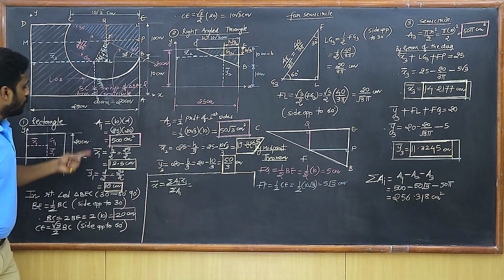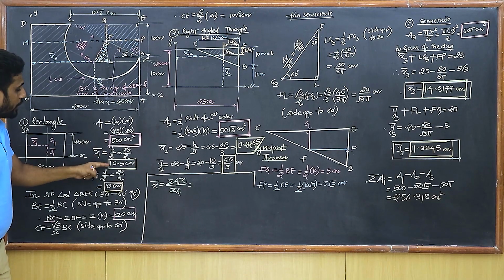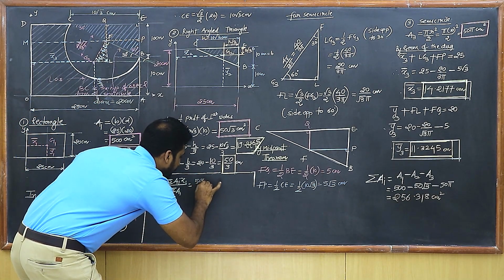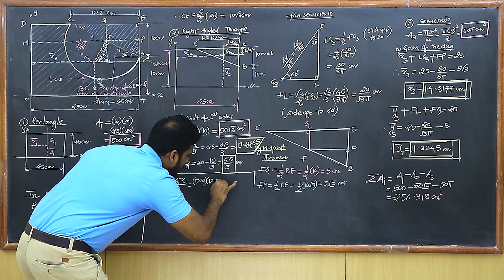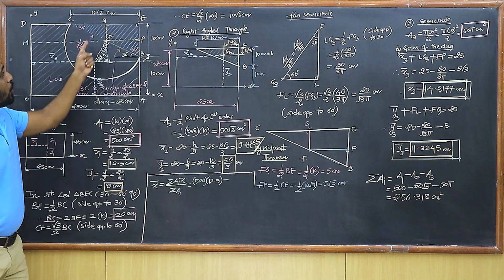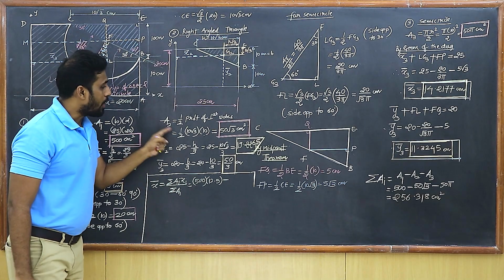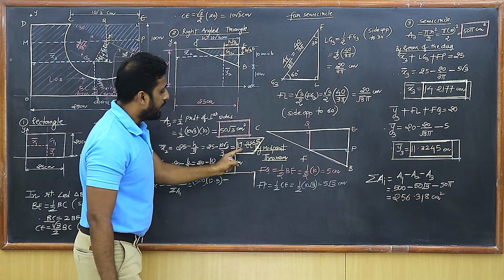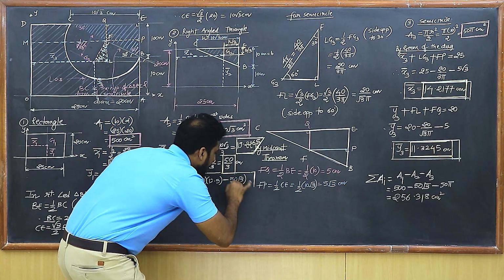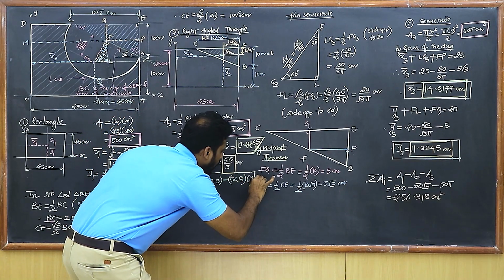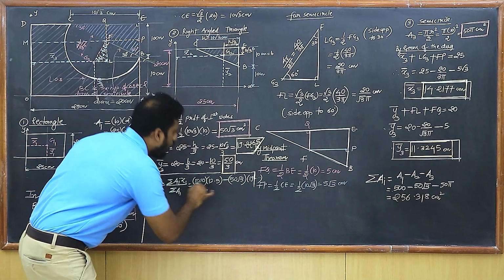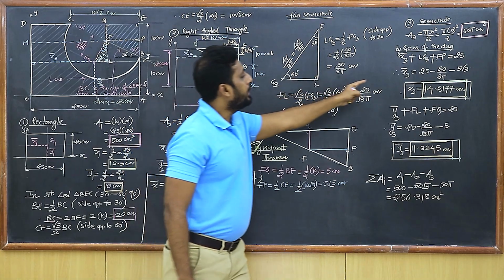So I need to do A1 into X1 bar. So that's 500 into 12.5, isn't it? Then minus, students, isn't it? The second area is negative because you are going to remove the right angle triangle. So minus of 50 root 3 into 19.2265, and minus of there is A3 into X3 bar.